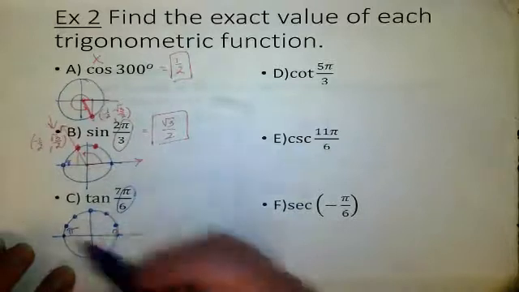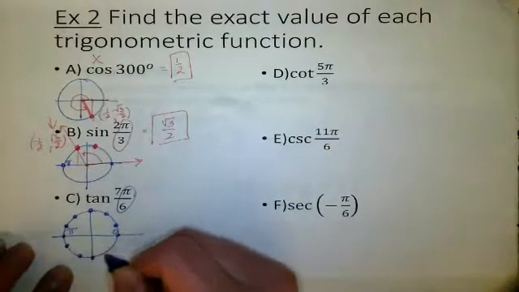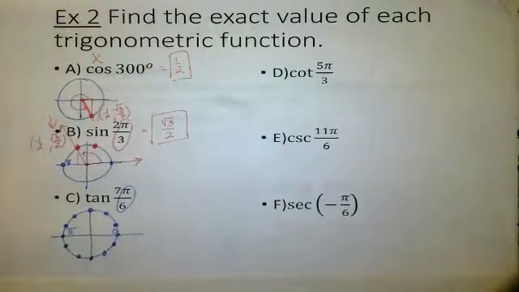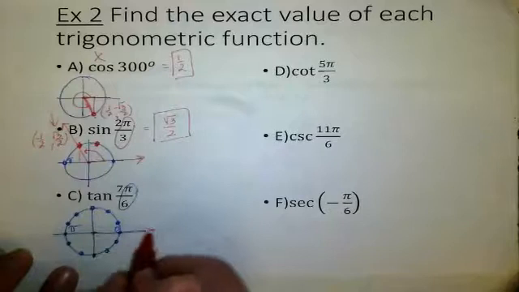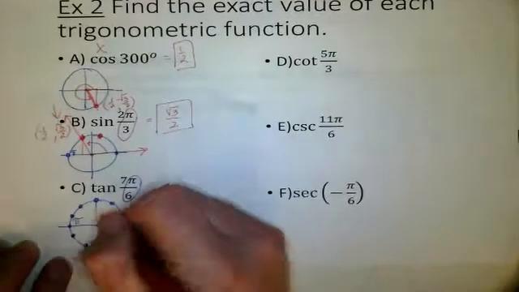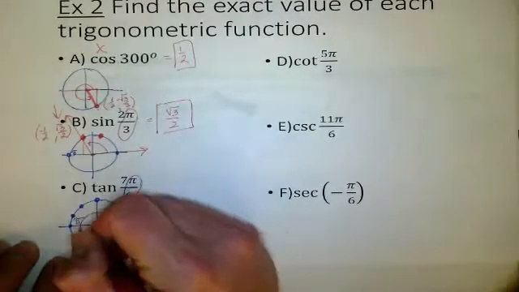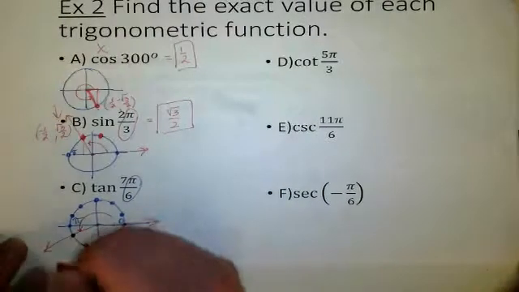So whatever I do to the top, I'm going to do to the bottom. So how many wedges all the way around? 12. All right, so my initial side of my angle is going to open up and count. 1, 2, 3, 4, 5, 6, 7. So right there, and it passes through this point.